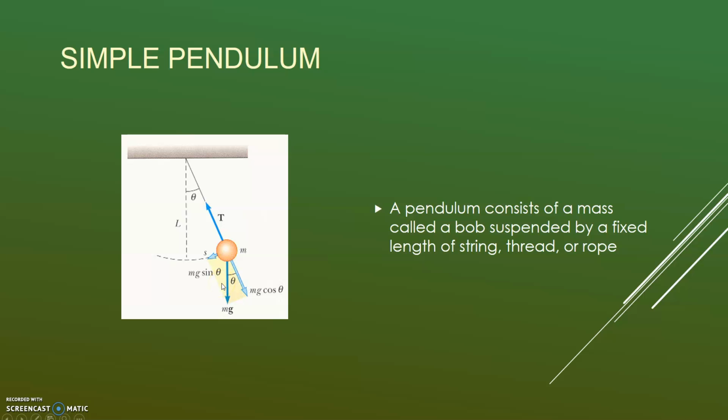If there is no friction, it will continue to do so forever and ever. Now, in our lab we determined that the only thing that affects a pendulum's motion is the length, not the bob's weight. It's not how far of an angle we pull out, it's just the length.